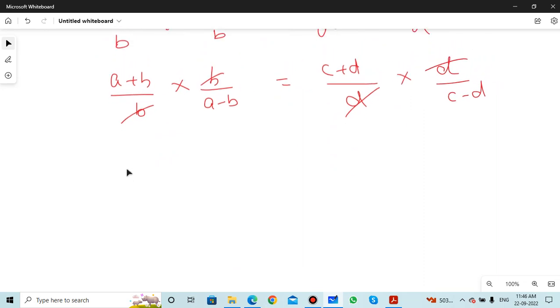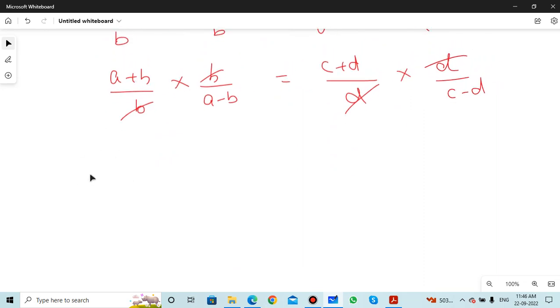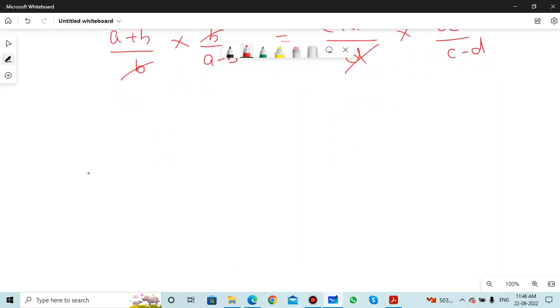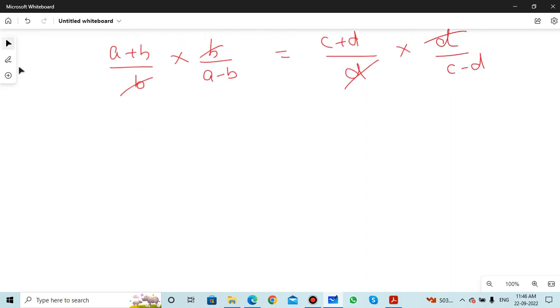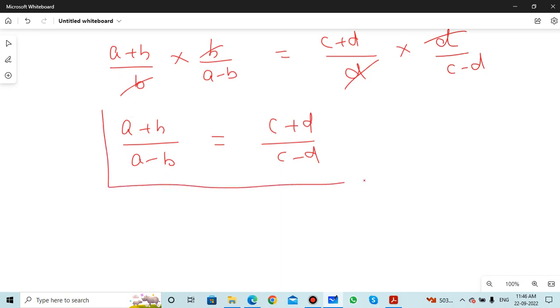So by componendo and dividendo, what do we get? A plus B upon A minus B is equal to C plus D by C minus D. So this is what we have got by componendo and dividendo together.